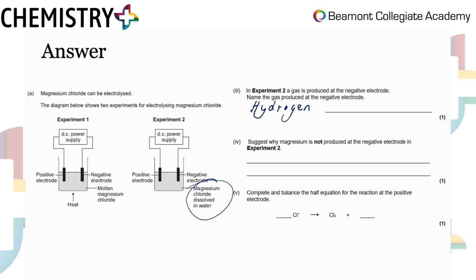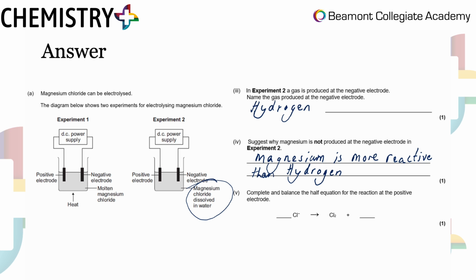Part 4, suggest why magnesium is not produced at the negative electrode in experiment 2. I have just stated that magnesium is more reactive than hydrogen, and so therefore hydrogen is discharged.